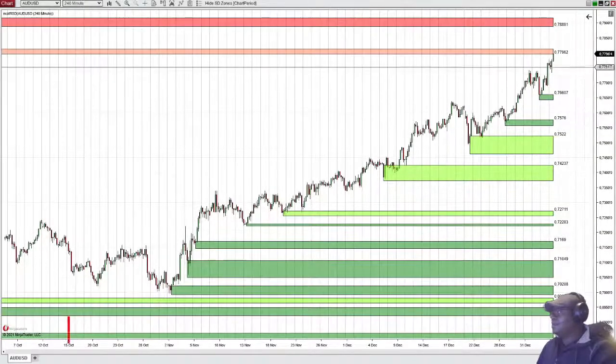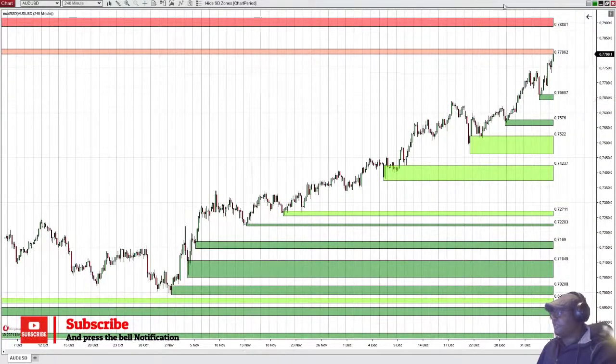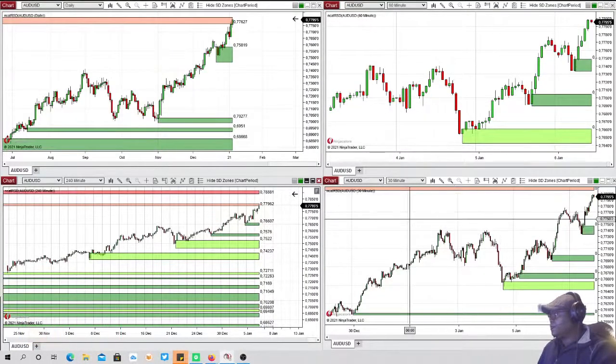So I'm going to keep my eyes on this Euro for a short trade.